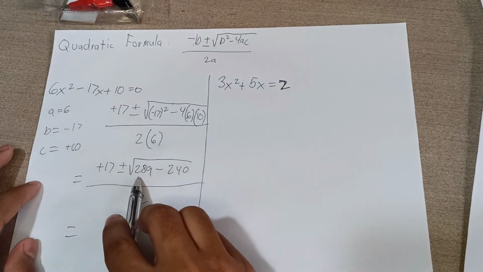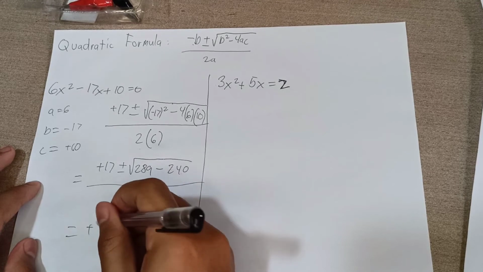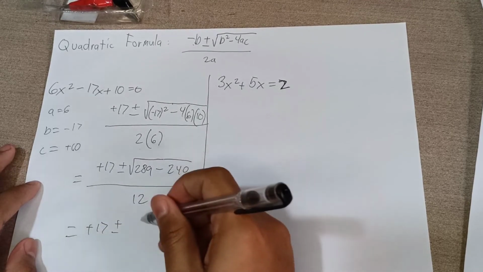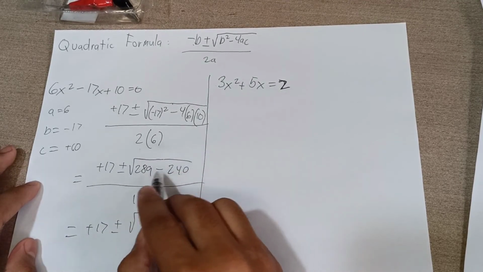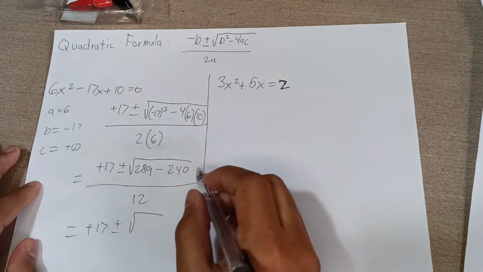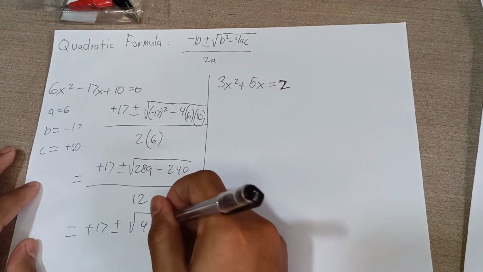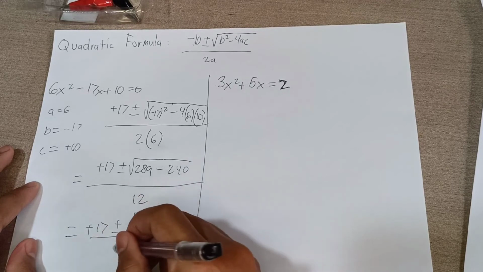If we subtract this, it will be the square root of 289 minus 240, which is equal to 49, all over 12.